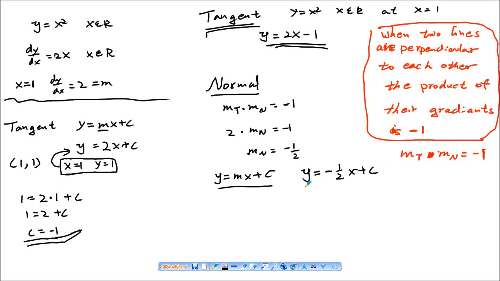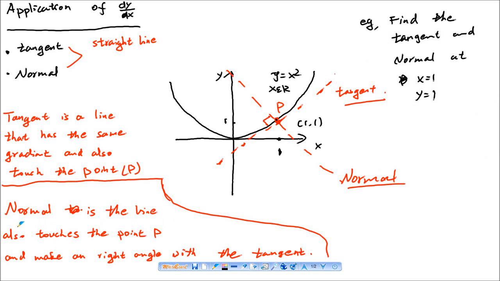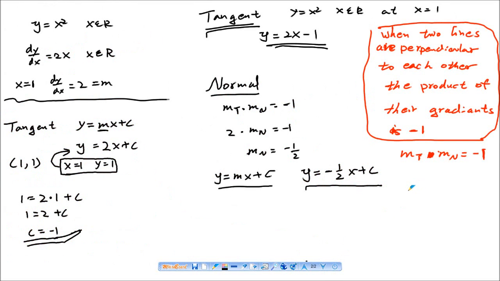Again we need to find the value of c. We know the normal also touches the point P, which is (1, 1). So I substitute this coordinate in.